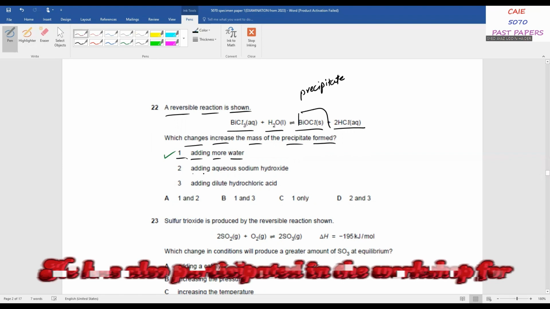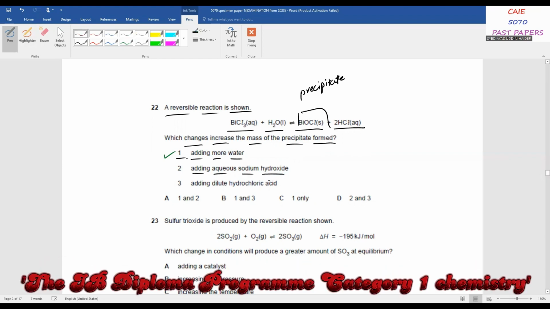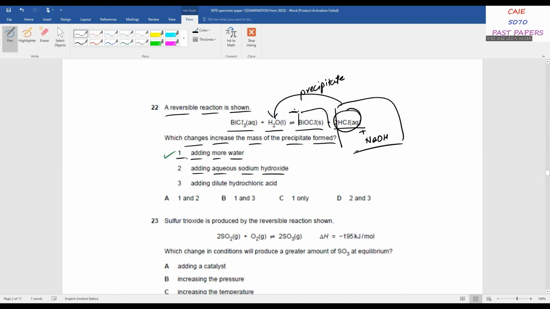Number two, adding aqueous sodium hydroxide. What will happen if you add aqueous sodium hydroxide? Sodium hydroxide will react with HCl, and both of these will produce more water. More water produced means the equilibrium will shift to the right hand side. It means you will have more precipitate.